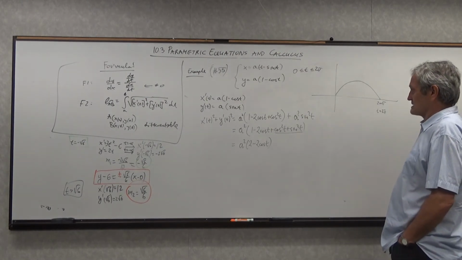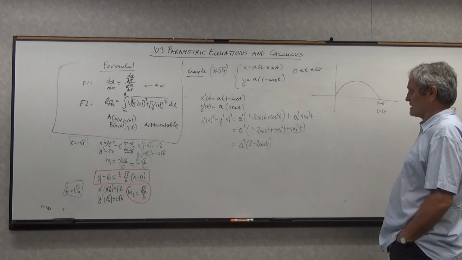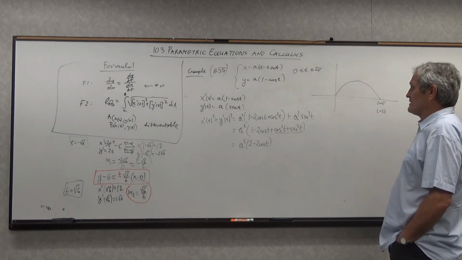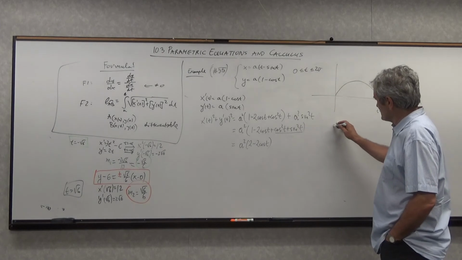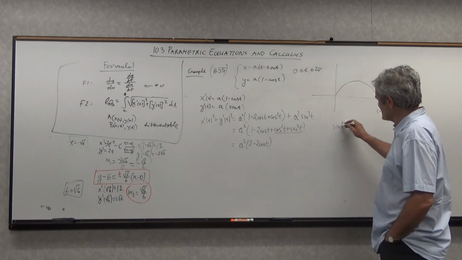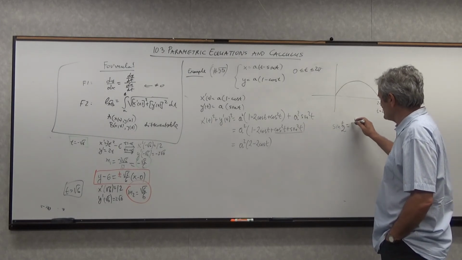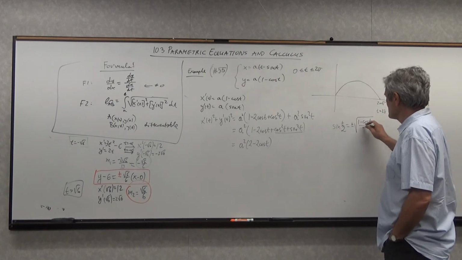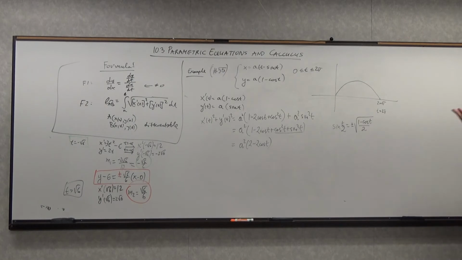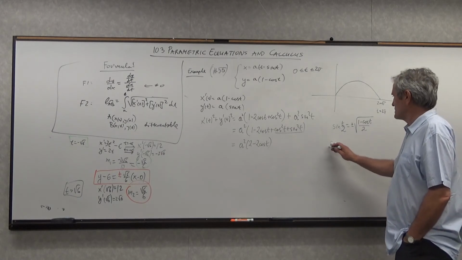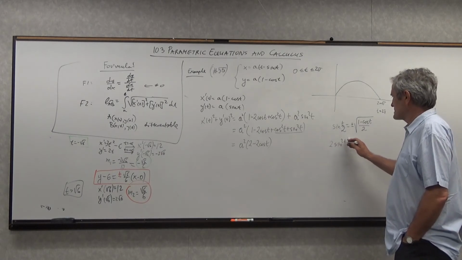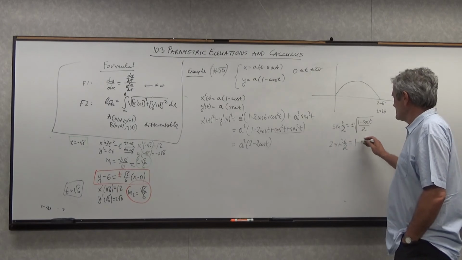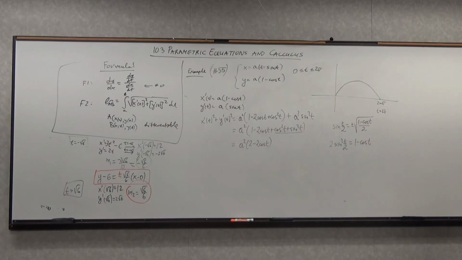For example, there is a formula that you learn in trigonometry that says sine of t over 2 is plus or minus the square root of (1 minus cosine t) over 2. Half angle formula, or you can use the double angle formula, whichever way you learn it doesn't matter. So if I square that formula, I get 2 sine squared t half equals 1 minus cosine t.